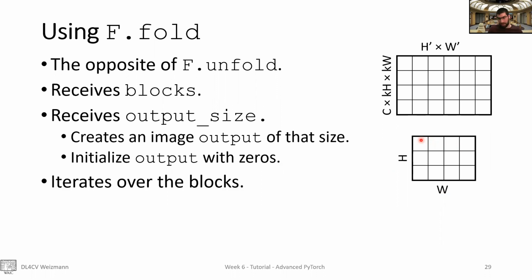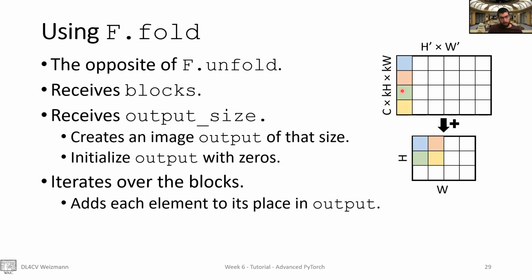The actual computation is to iterate over the blocks in the output image and in the block tensor, and accumulate each element into the corresponding place in the output image. We go over the blocks, scan the output image and the blocks tensor, and add this blue element here, and later add other elements to other locations.